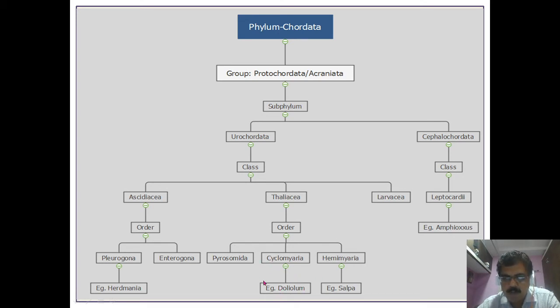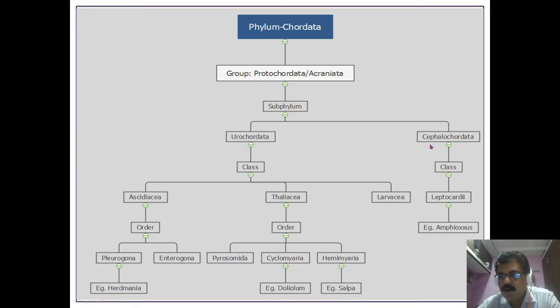Doliolum is an example from the Cyclomyaria and Salpa is an example from the Hemimyaria. Myaria means muscle. Cyclo means cyclic, meaning the muscles are around throughout the body, and in Hemimyaria the muscle bands are incomplete or half, and the example is Salpa.